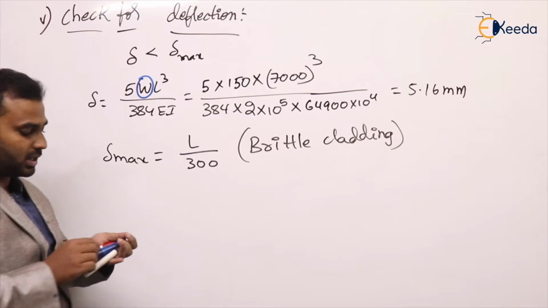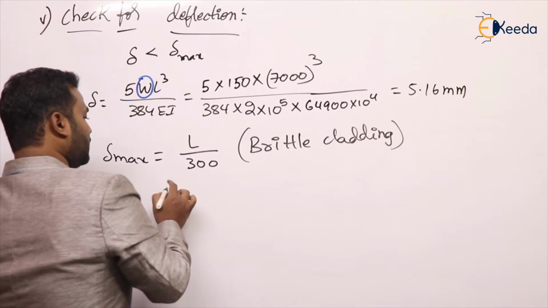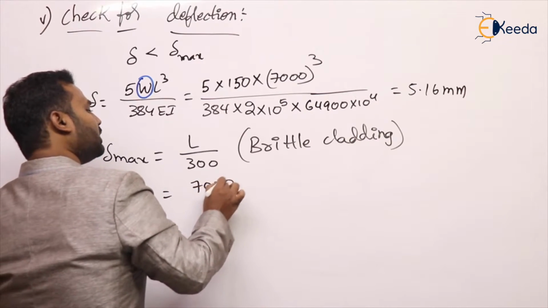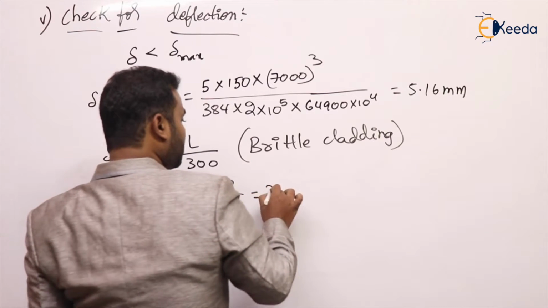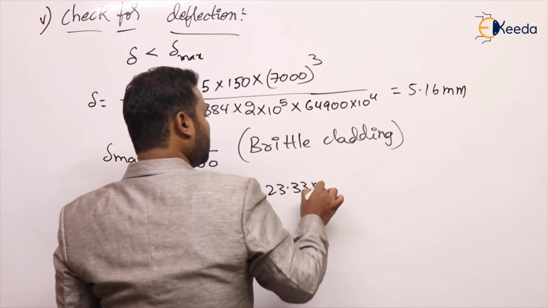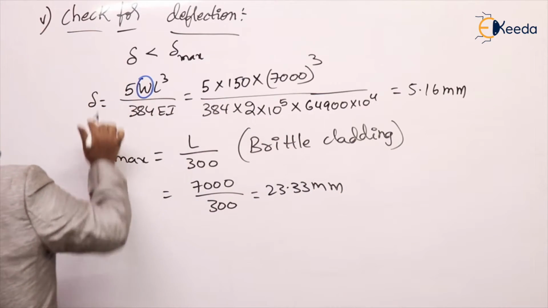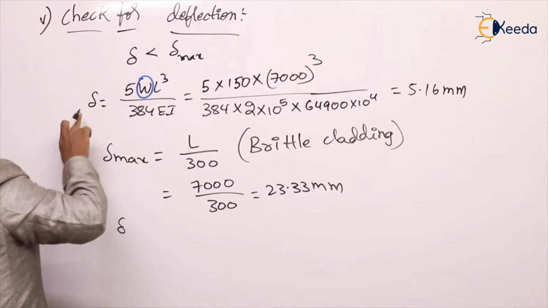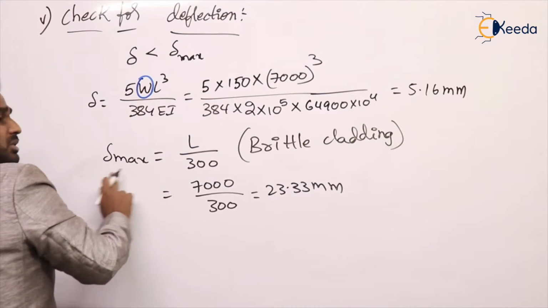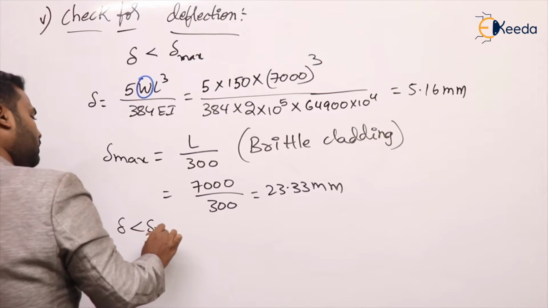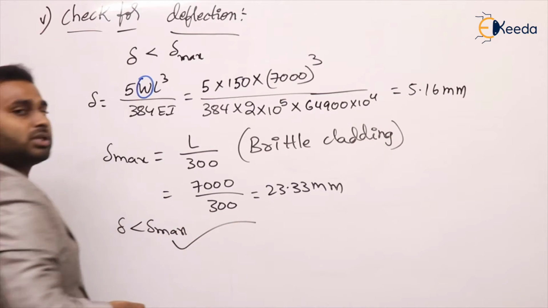Span is 7000 mm, divided by 300, which comes out to be 23.33. Is that okay? So the deflection calculated due to external applied load is less than the maximum permissible deflection. Safe. This is also safe.